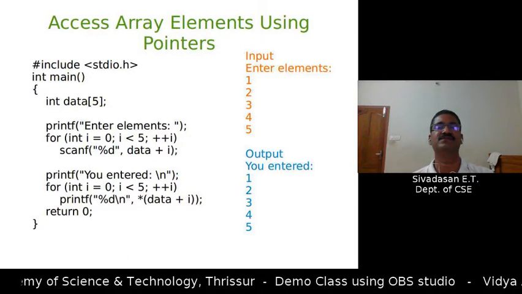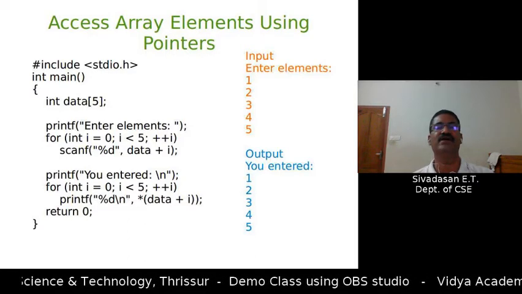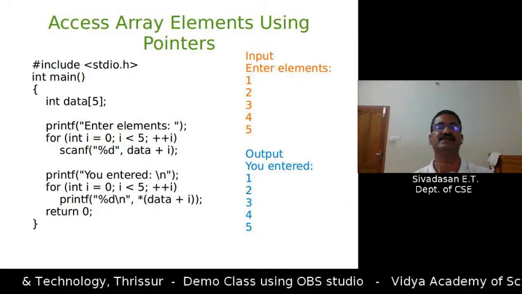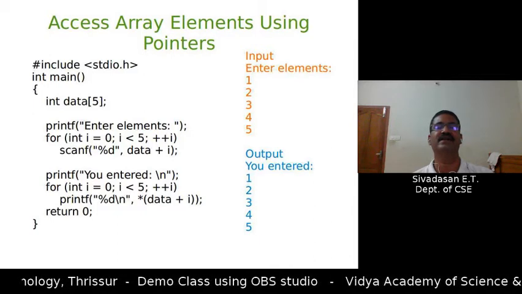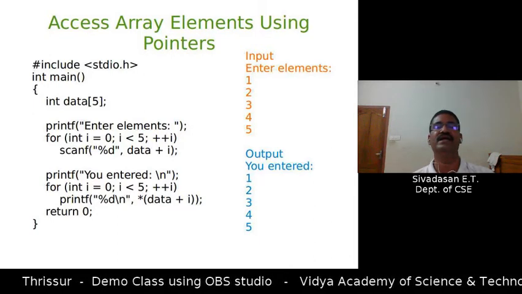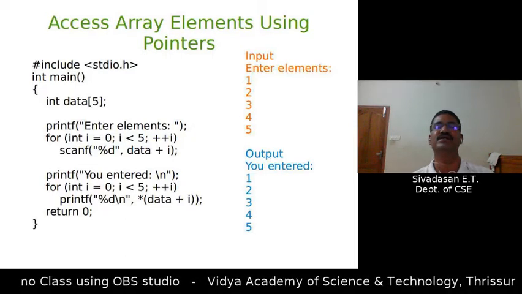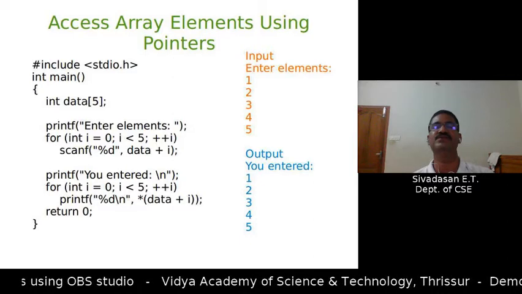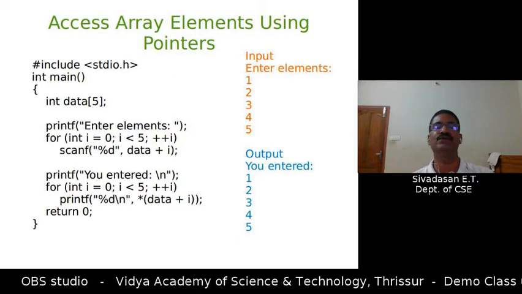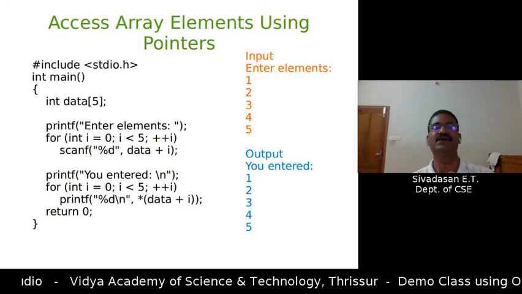Data plus 1 means in the for loop, i will become 1 in the next iteration, then it will become 2. Accordingly it will move to the next memory locations. So when the user types these values, they will be stored in adjacent memory locations.